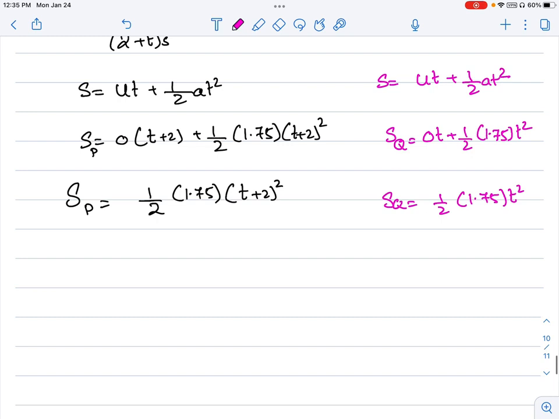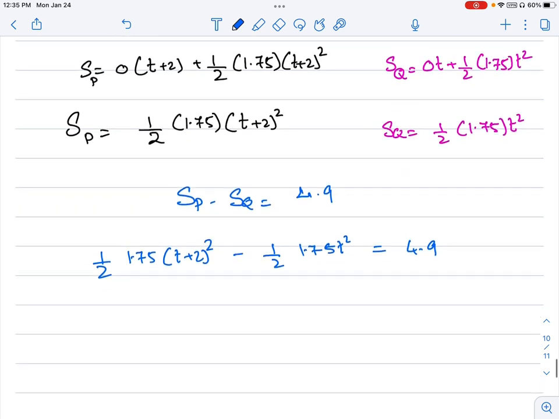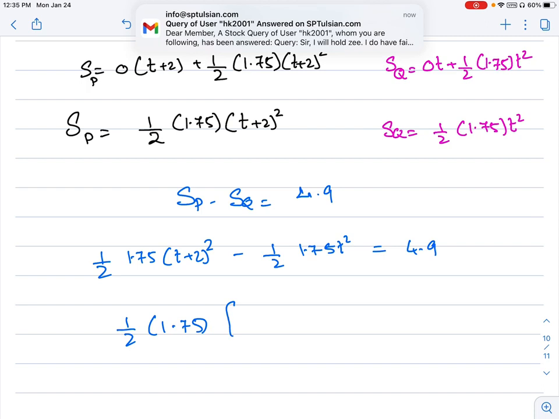Now the distance between them is what has been given. SP minus SQ is equal to 4.9. So 1 upon 2 times 1.75 times (t plus 2) whole squared, minus 1 upon 2 times 1.75 times t squared, should be equal to 4.9. I can take 1 upon 2 times 1.75 common.